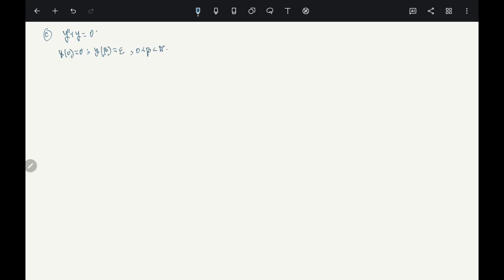If this initial data is there, one can check that y(x) has a unique solution. You can easily check this part. So please do that: in the general solution, put the initial data and see that there is a unique solution. I hope this is clear. Please do that.